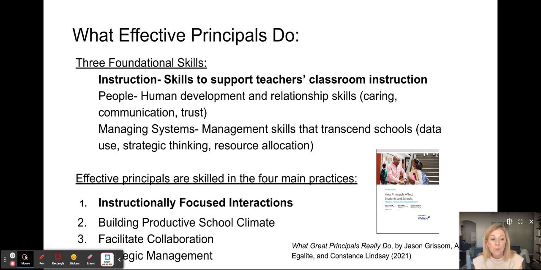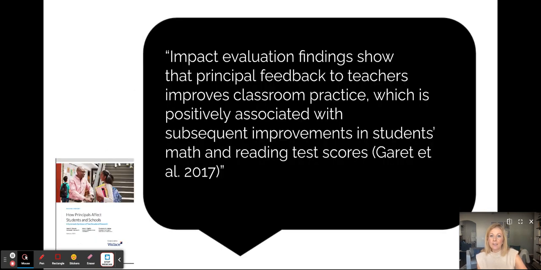Oftentimes, this is the role of the principal. And for a lot of you, this would be your next role. But it's also applicable if you're a teacher leader or a district office leader who provides support services. Those instructional skills and instructionally focused interactions like evaluation are really important in improving collective teacher practice.